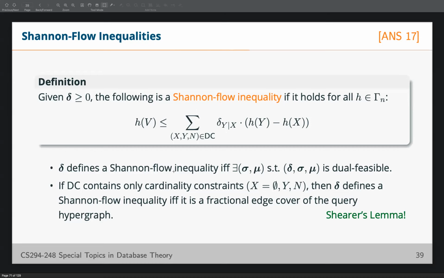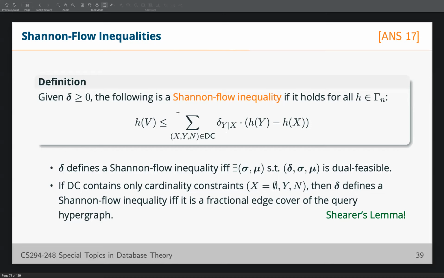I'm going to skip the linear programming duality explanation of this. I just want to mention that this, from Dan's lecture from last time, is a generalized version of Shearer's lemma. If you don't remember, no worries. I'll give you some examples to illustrate the main concept.